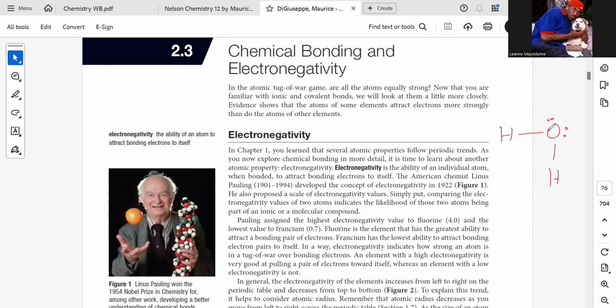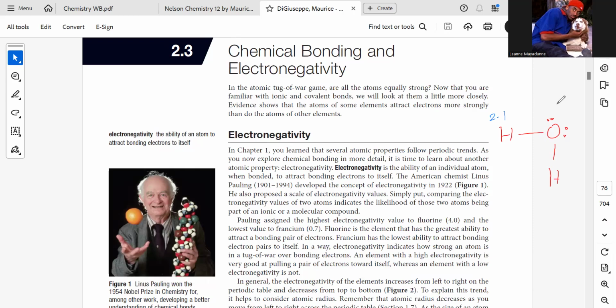If you look into the periodic table, hydrogen has an electronegativity of 2.1, and oxygen, I believe, is around 3.5. If you want to verify, can you just verify?